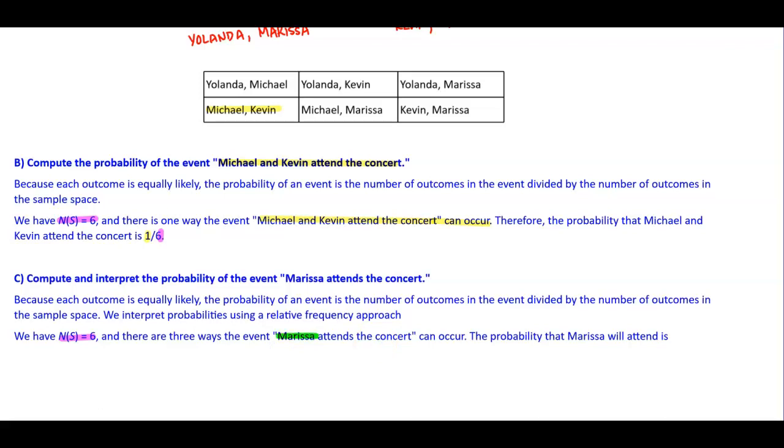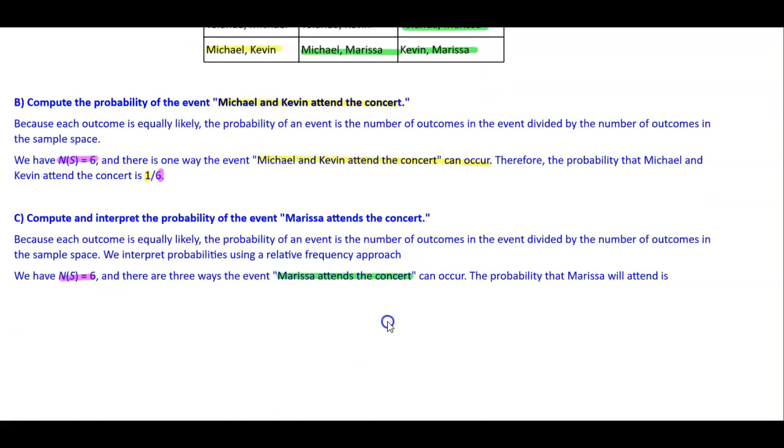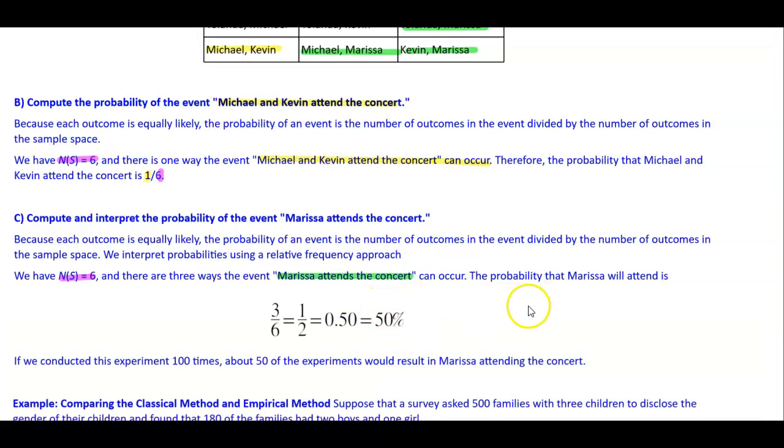Well, we can see that Marissa attends the concert here 1 time, 2 times, and then 3 times. So therefore, the probability that Marissa will attend is 3 out of 6, which becomes 1 over 2, which represents 0.5, which is equal to 50%. So if we conducted this experiment 100 times, we would say about 50 of the experiments would result in Marissa attending the concert.